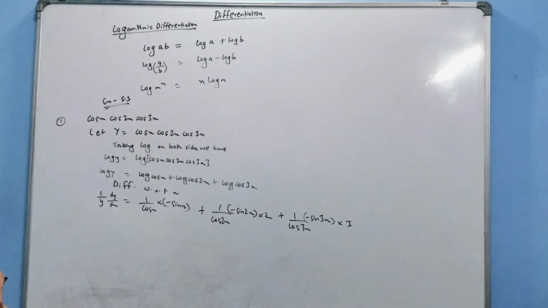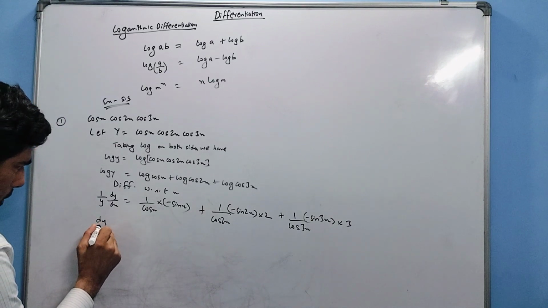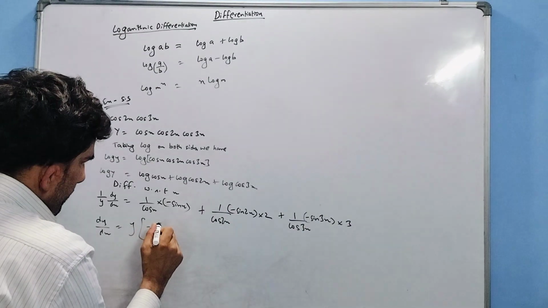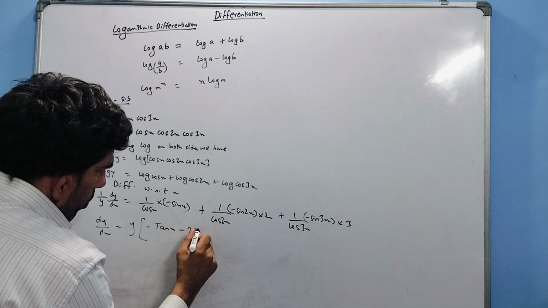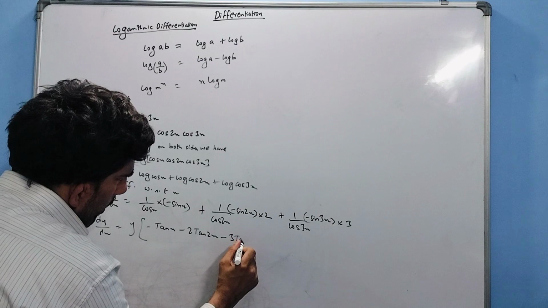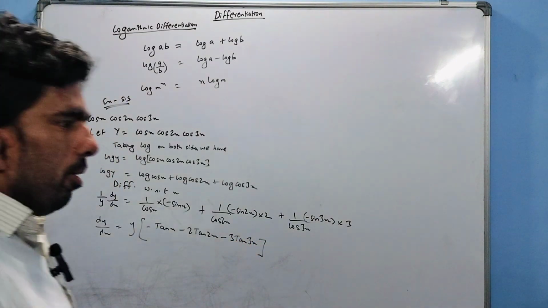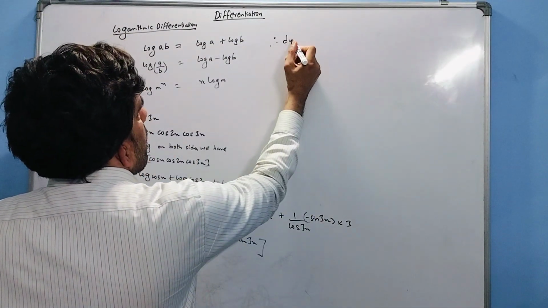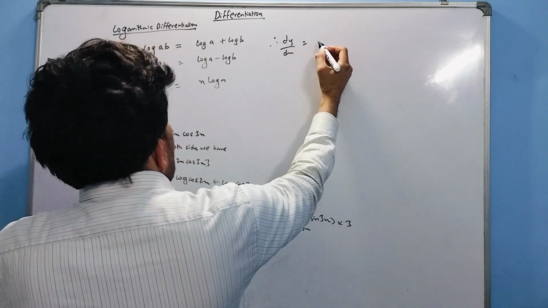Okay, so now how we can put here? We can simply put dy upon dx is equal to y into, here we have minus tan x minus 2 tan 2x minus 3 tan 3x, and here we will put the value of y. Okay, we can put the value of y here, so therefore I got dy upon dx is equal to, what is y here?